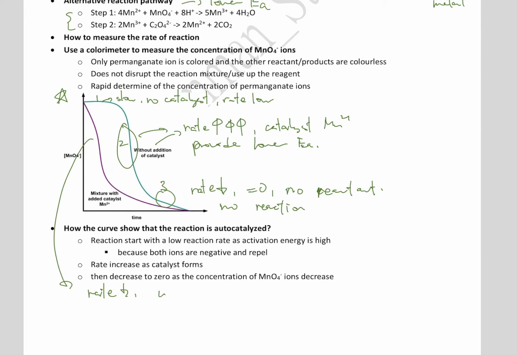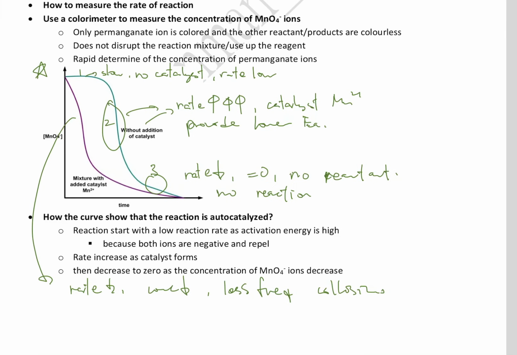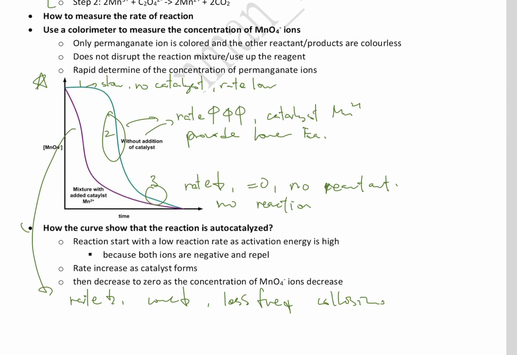The rate is decreasing because the concentration is decreasing, giving less frequent and less successful collisions. Even if you form more and more catalyst, they already have a really low activation energy, so forming more catalyst doesn't really help the reaction rate. That's why the rate for the purple one is very high at the first point. Therefore, you can see how I explain the effect of the autocatalyst here.